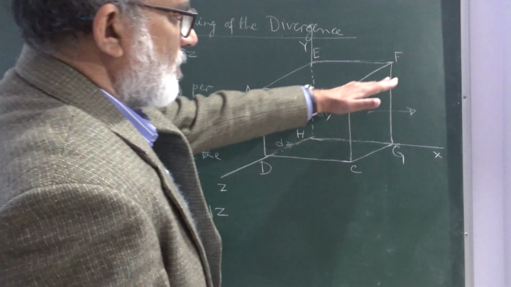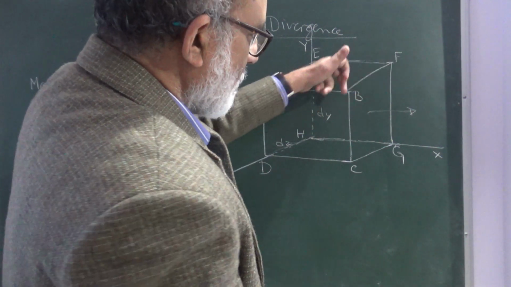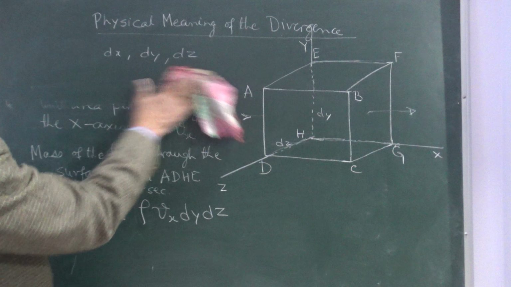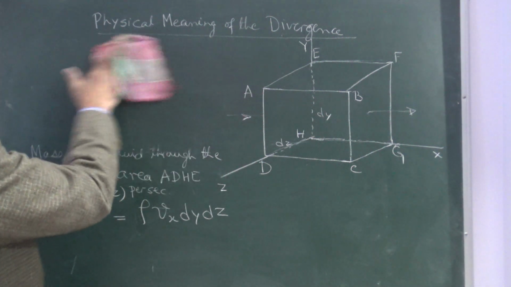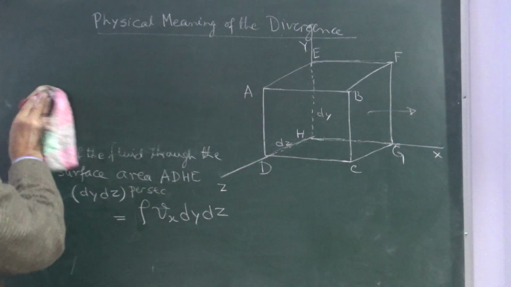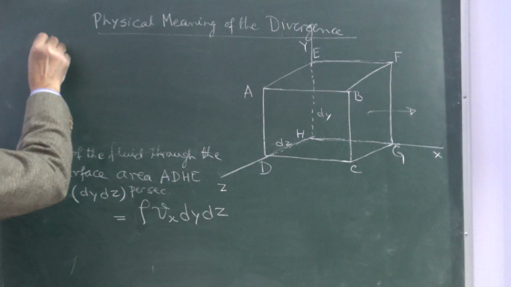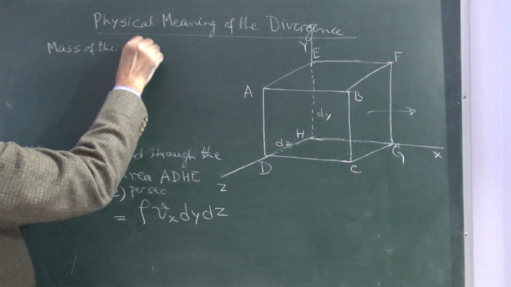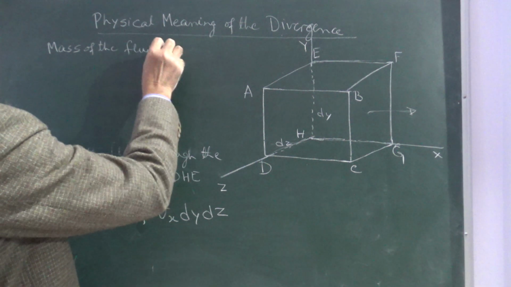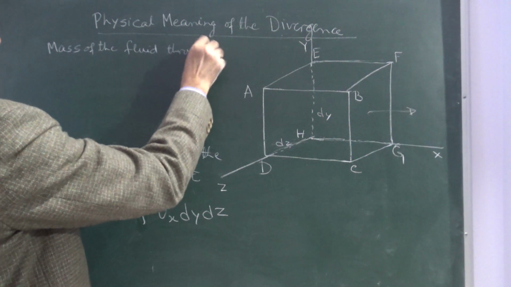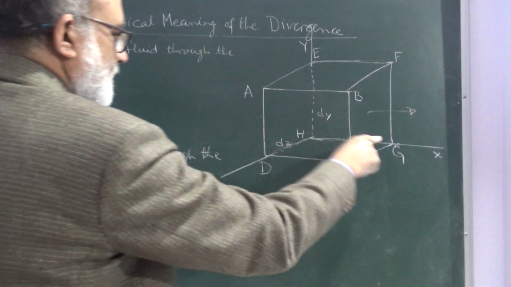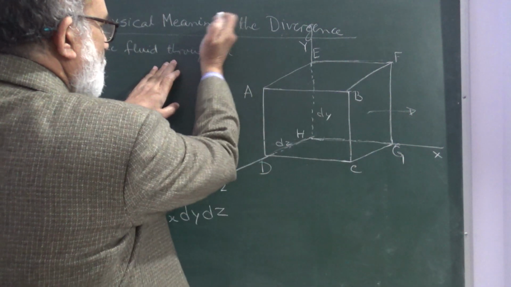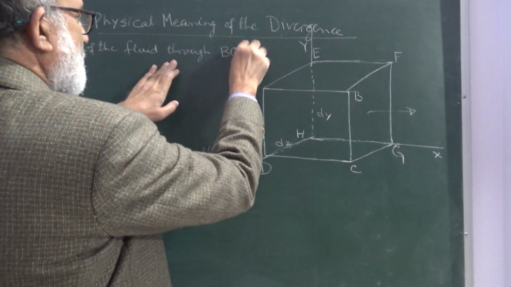So you will find the mass of the fluid through the same surface area dz dy through B, C, G, F.